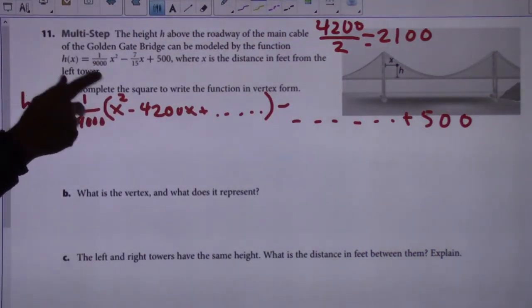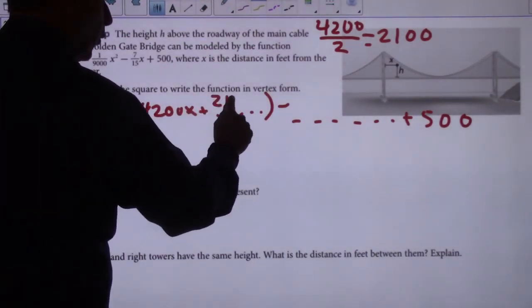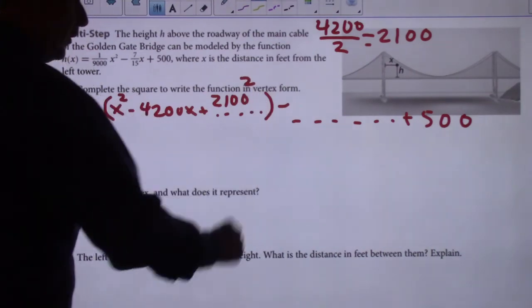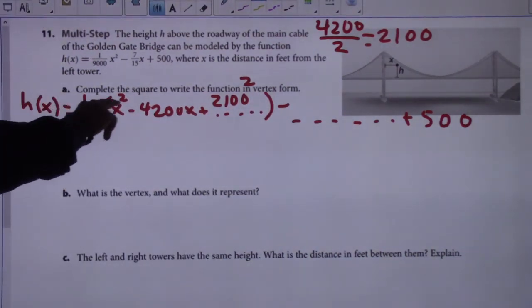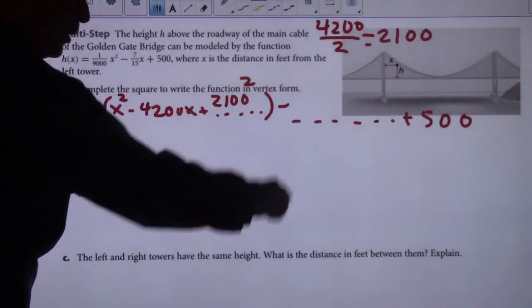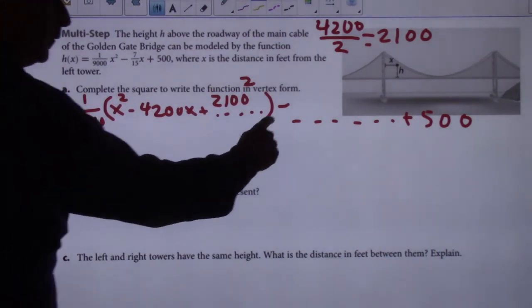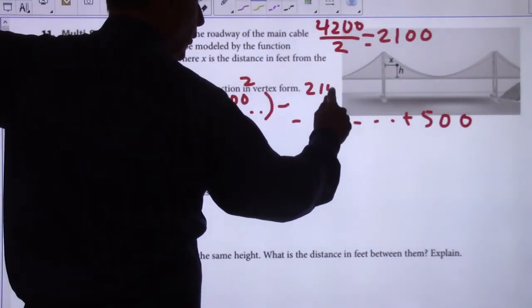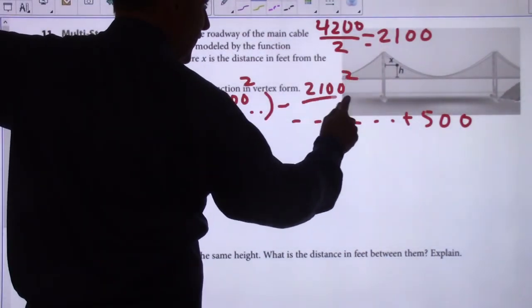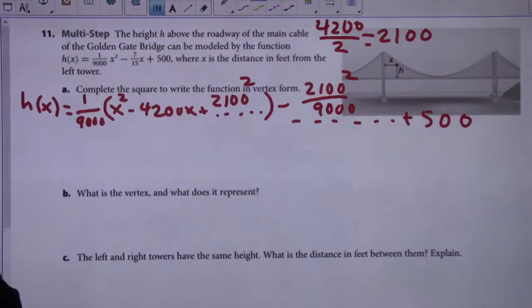Now the numbers can get pretty big. It's going to be over 4 million. So I'm going to put 2,100 squared, just to make it simpler. And so we have 2,100 squared here. What do we subtract over here? We subtract out 2,100 squared over 9,000, and that should offset this.